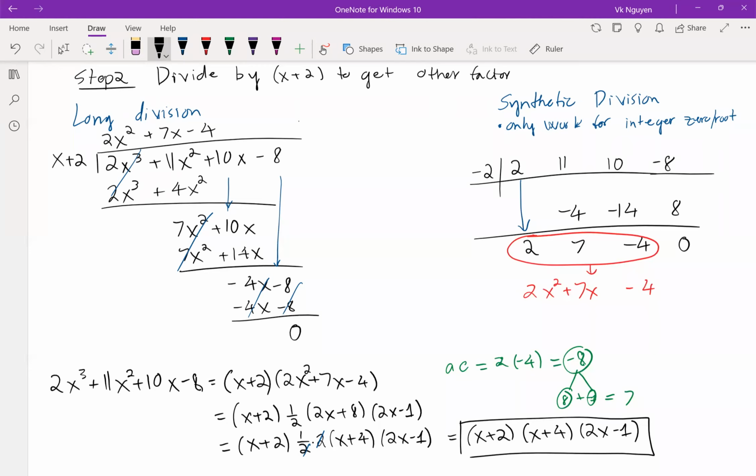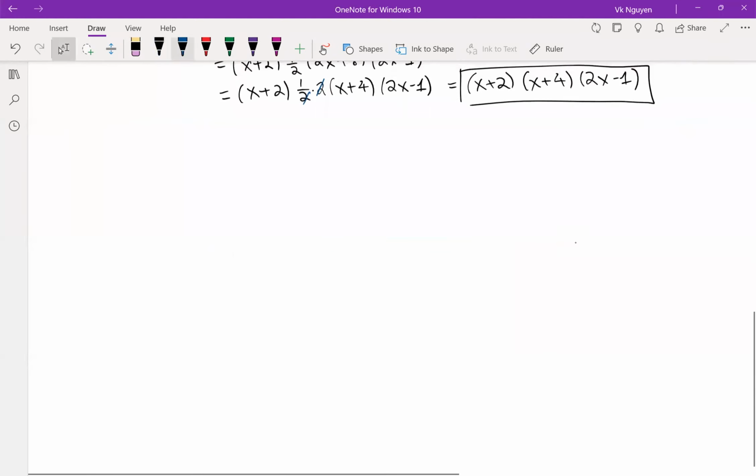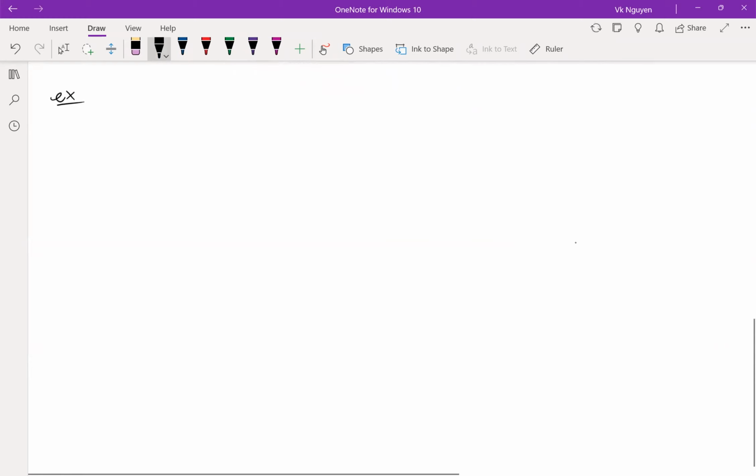Let's look at another example. f(x) is 2x to the 3 plus x squared minus 16x plus 15.